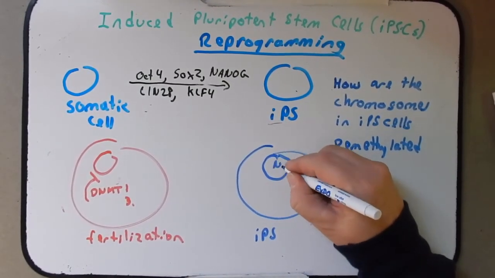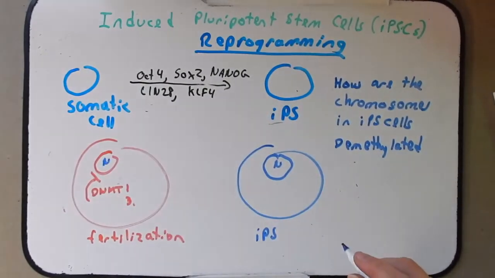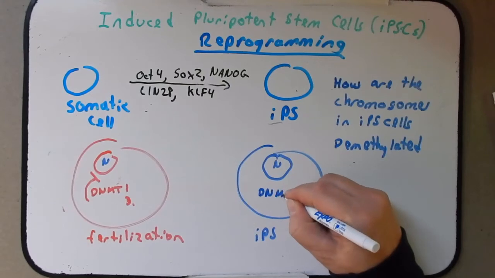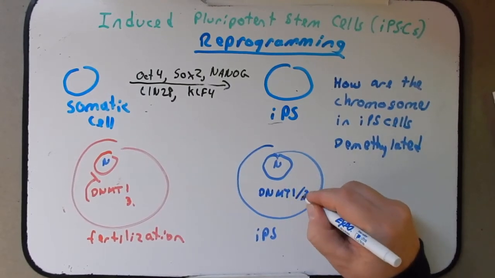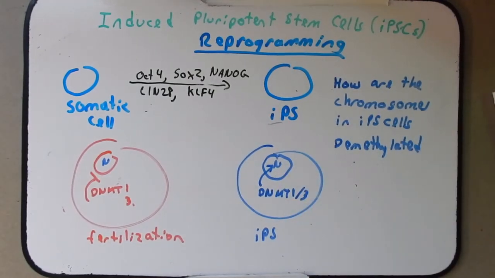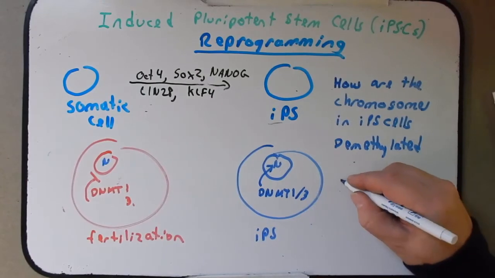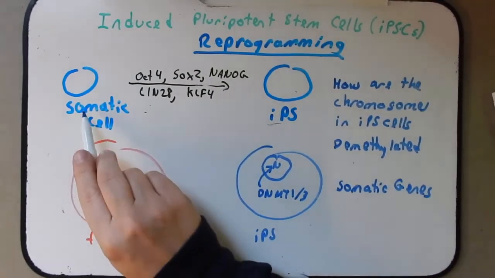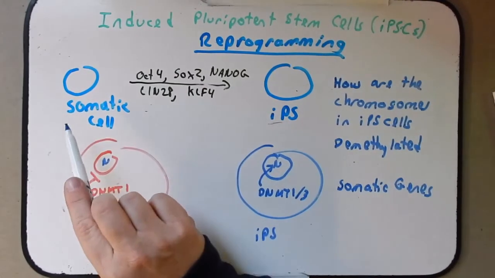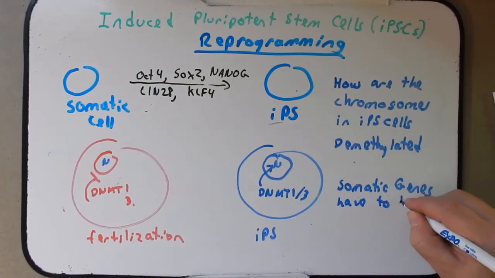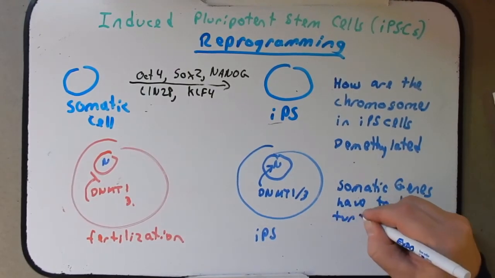So here's our nucleus. Our nucleus was over here as well. We know that we need DNMT1 and 3 to enter the cell's nucleus. We know that's important because somatic genes, those genes found in this somatic cell that allow it to be a differentiated somatic cell, have to be turned off, downregulated.